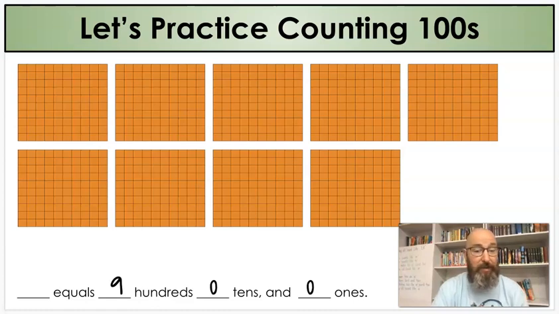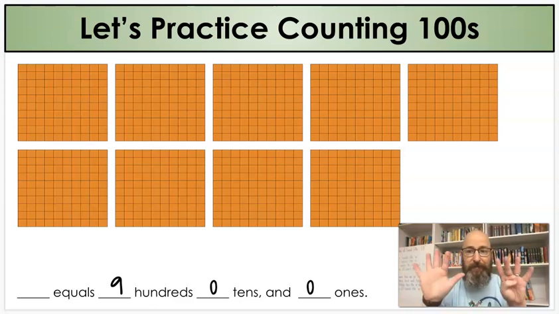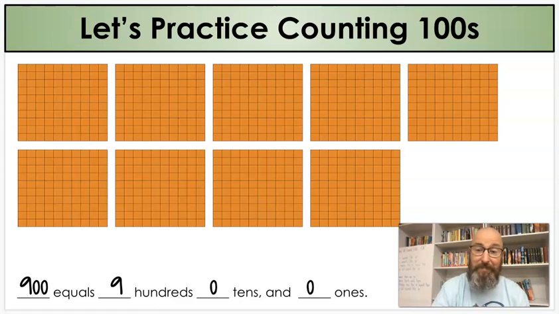No tens, no ones. How much would 9 hundreds be worth? Again, you can use your fingers if you need to. 100, 200, 300. Did you say 900? You're correct.